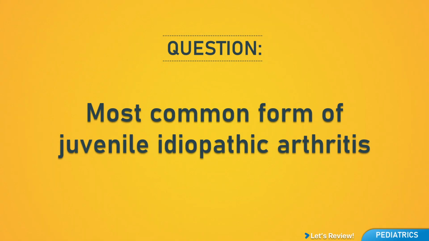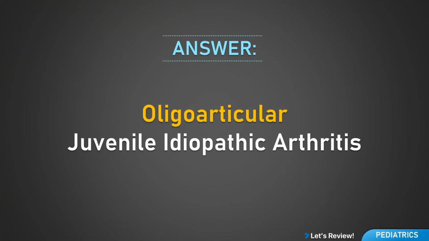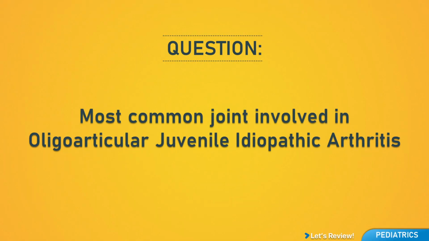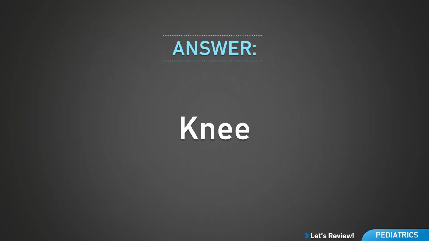Most common form of juvenile idiopathic arthritis. Oligoarticular juvenile idiopathic arthritis. Most common joint involved in oligoarticular juvenile idiopathic arthritis. Knee.